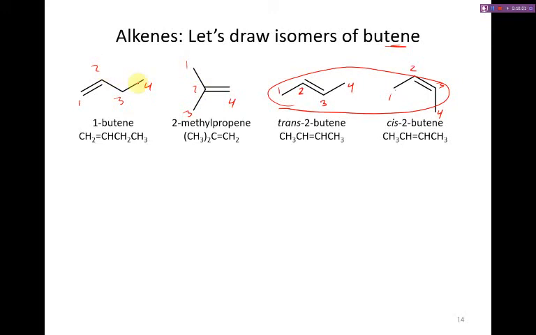Carbon 2 is now bound to carbon 4, and the double bond was between 1 and 2 and is now between 2 and 4. But in this case, carbon 1 is bound to 2, which is bound to 3 and bound to 4, which is the same here. Carbon 1 is bound to carbon 2, bound to carbon 3, bound to carbon 4, and the double bond is still in between the same two carbons.